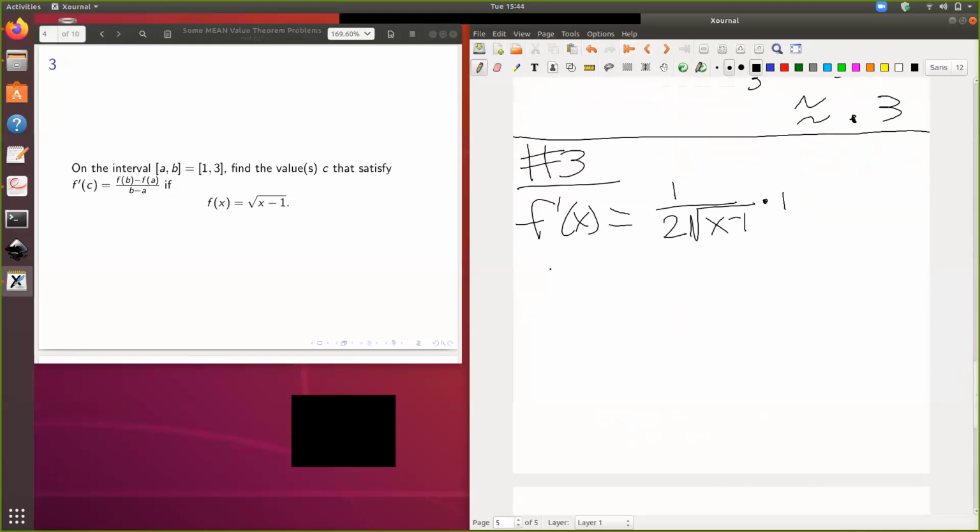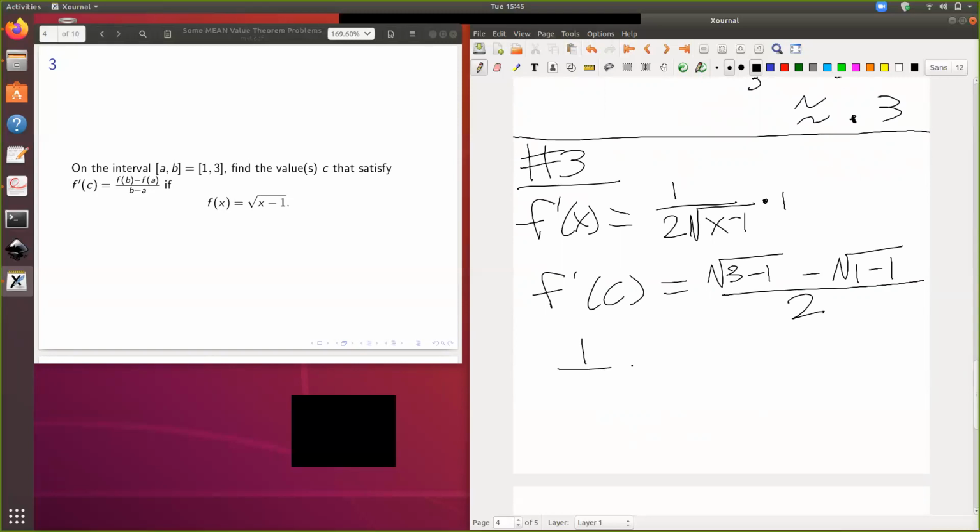Now, we know that there exists an f prime of c that is equal to f of b, which is root 3 minus 1, minus f of a, root 1 minus 1, all over b minus a, which is going to be 2.